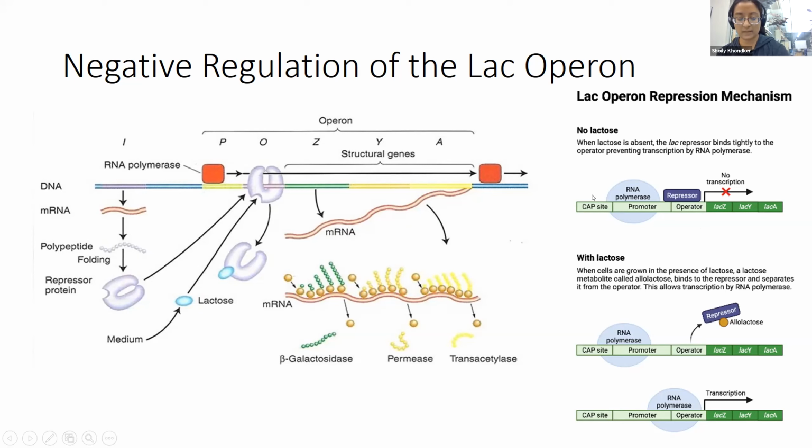The reason this doesn't happen when lactose is present is because lactose or the intermediate allolactose will bind to the repressor protein. This causes a conformational change that results in the repressor being released from the operator region, and this will allow for transcription by RNA polymerase.